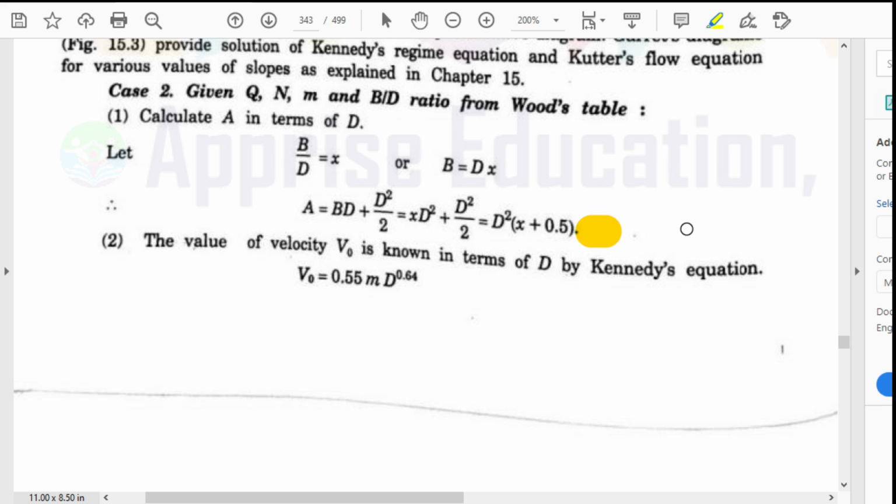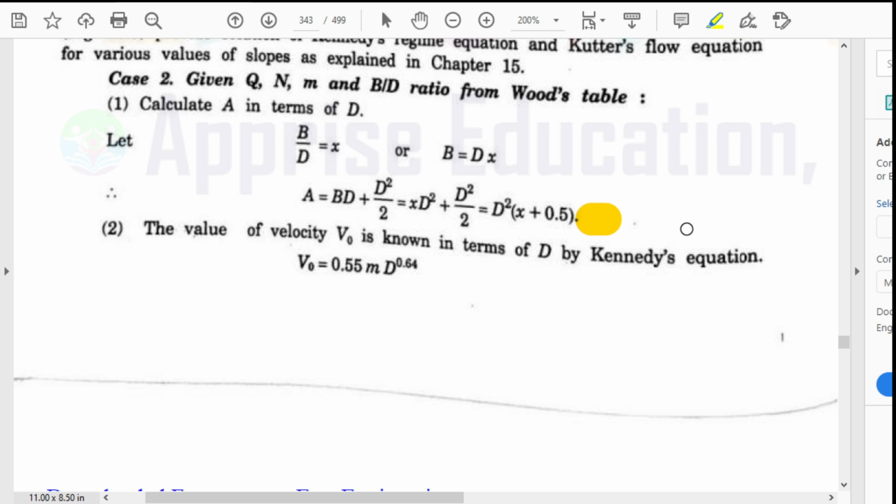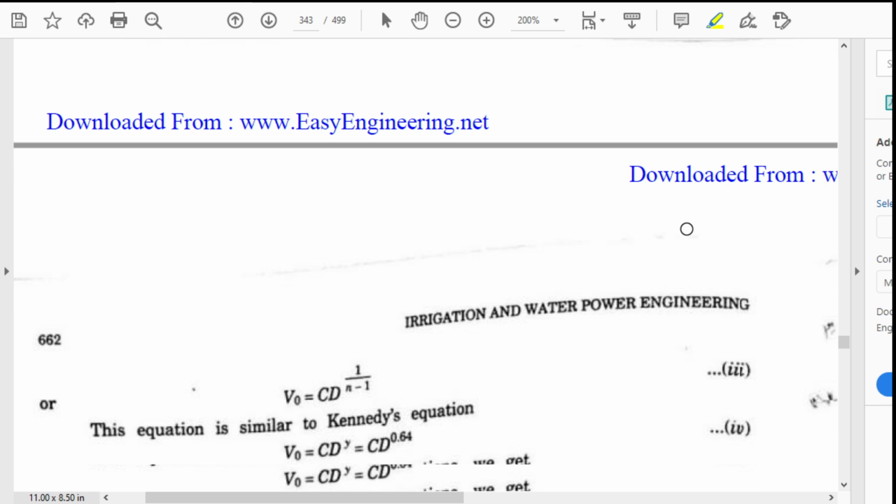Here in the first step we have calculated the value of area in terms of depth of that channel. The second step is, by using Kennedy's equation, we have to find out the velocity in terms of depth.